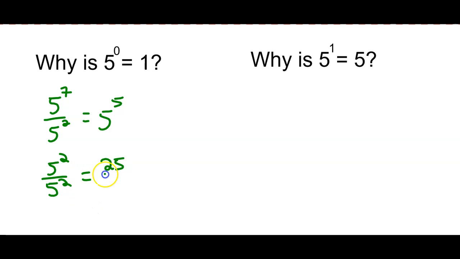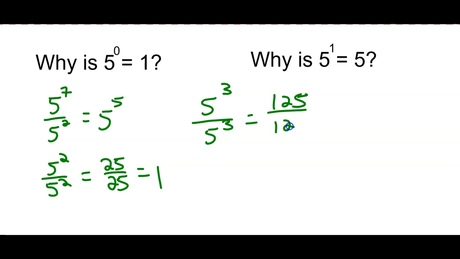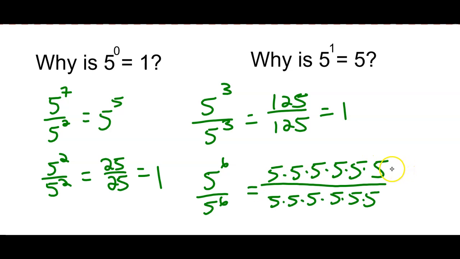That's the same thing as 25 over 25, which equals 1. What if I had 5 cubed divided by 5 cubed? That equals 125 over 125, which equals 1. What if I had 5 to the 6th divided by 5 to the 6th? That equals 5 written out 6 times and multiplied, over 5 written out 6 times and multiplied. When you divide them out, they cancel just like this, and it's going to equal 1.